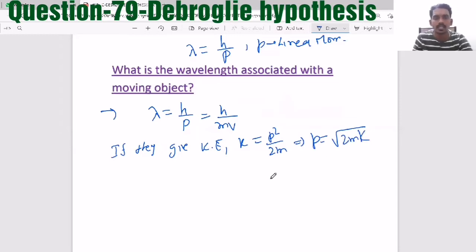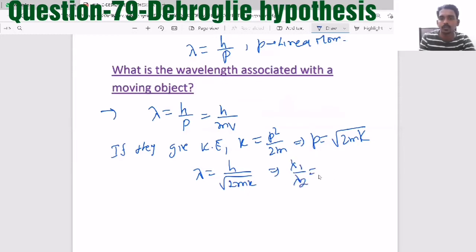This is the linear momentum. Then the de Broglie wavelength will become h by root 2mK, so that lambda 1 by lambda 2 between two particles can be compared like K2 by K1, m2 by m1.